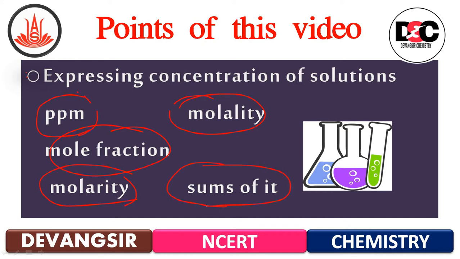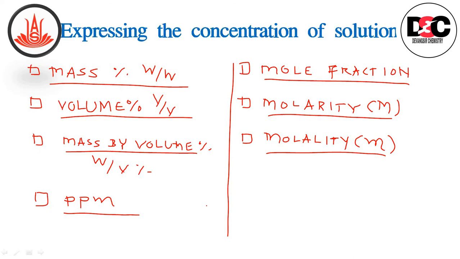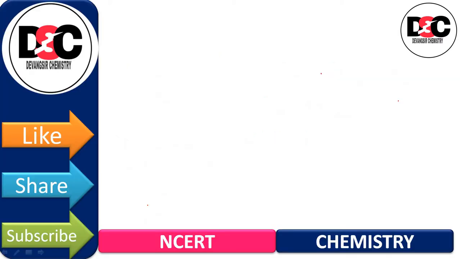So let's start it. Expressing the concentration of solution, we have done mass percent, volume percent, and mass by volume percent. Now today we are going to show ppm, mole fraction, molarity, and molality.